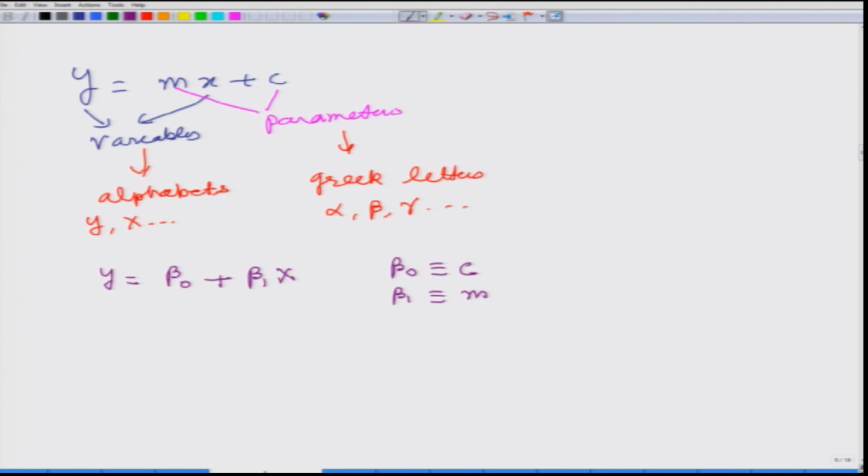Now once I say that the model is known, it means beta 0 and beta 1 are known, at least in this case.